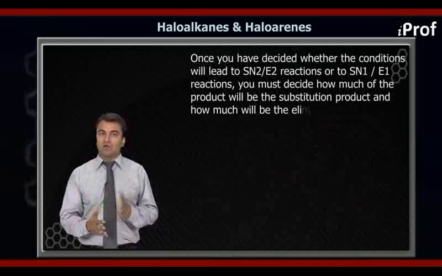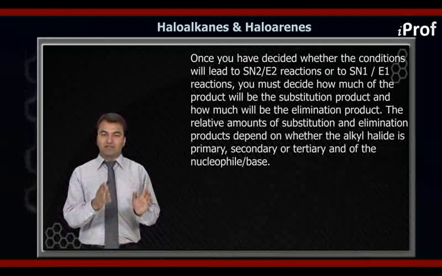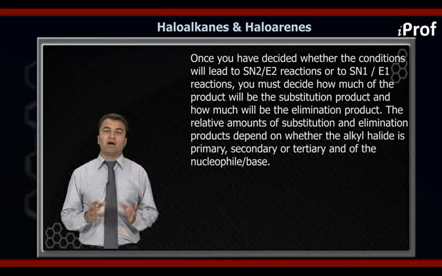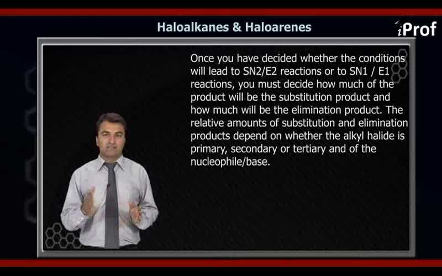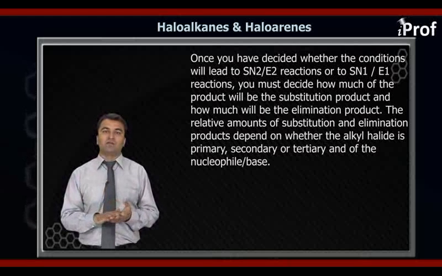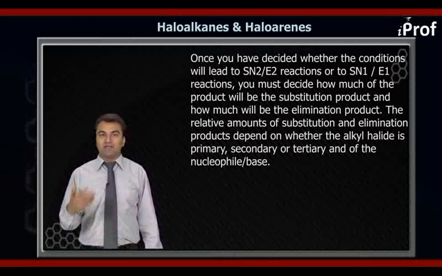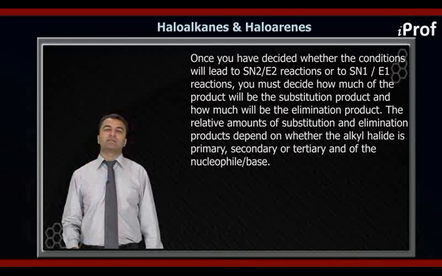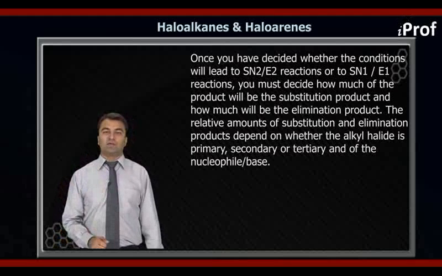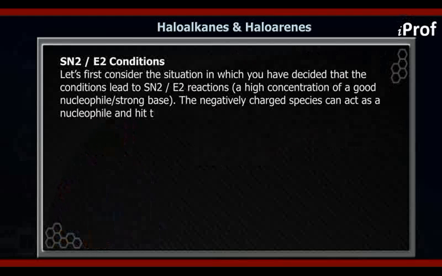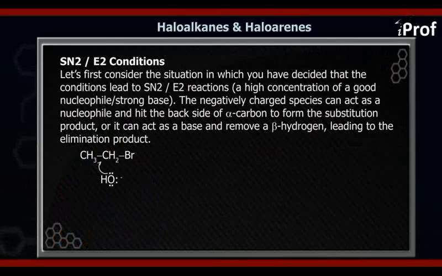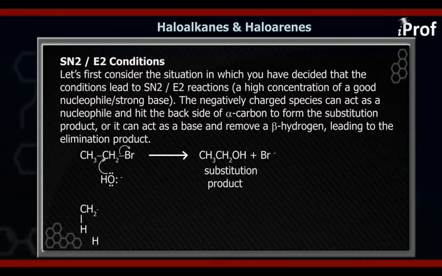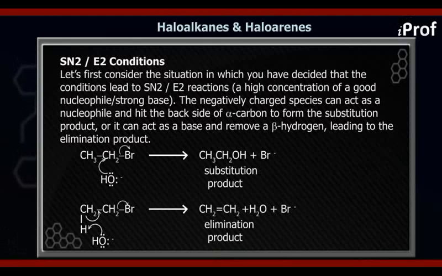Once you decide that the conditions are favorable for SN2 E2 comparison, our next job is to decide whether substitution or elimination will take place. For that we have another factor, which I just told you: the degree of the compound, or the nature of the reactant, that means 3 degree, 2 degree, 1 degree.